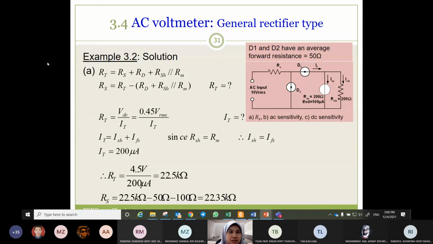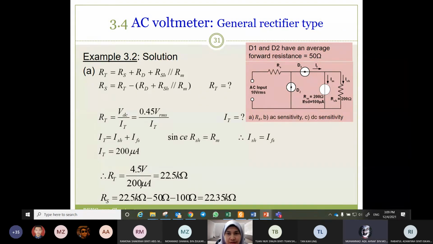How to find RS? We know that R total for this circuit is RS plus RD1 plus the equivalent R for the parallel path. How about D2? No RD2 here. Short circuit.